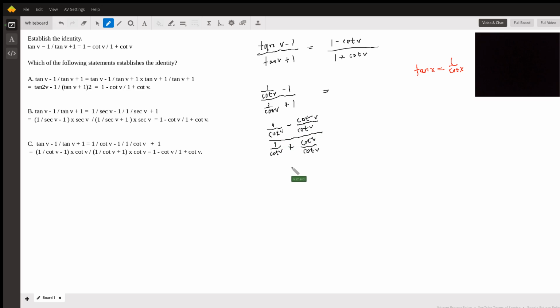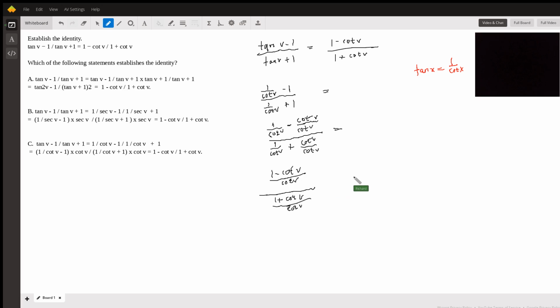The nice thing is we have a common denominator, so now I can combine these two fractions. I get 1 minus cotangent of v all over cotangent of v, divided by 1 plus cotangent of v over cotangent of v.